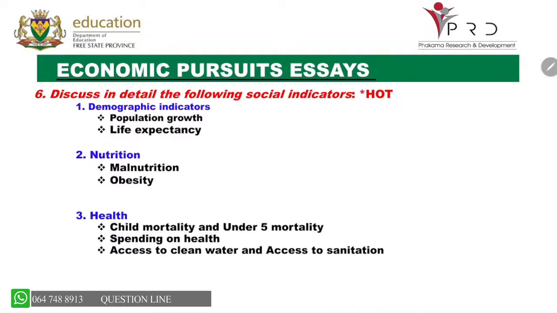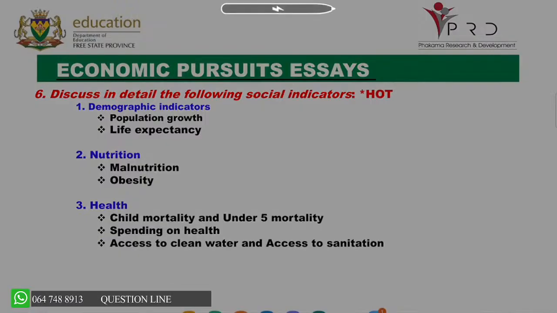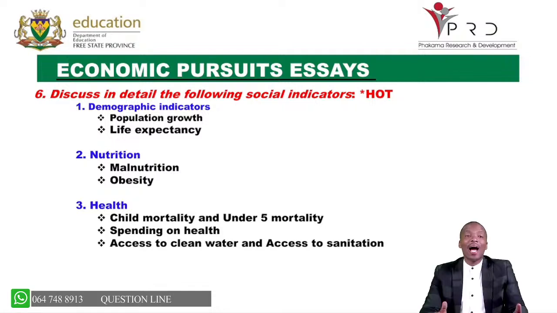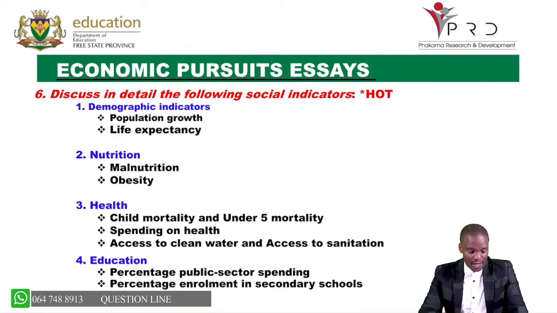And then number 3, we are looking at health. Here it's the mortality, or children that die under the age of 5. How much does the government spend on health under its budget? Also, we're looking at the number of people that have access to clean water, and the number of people that have access to sanitation.